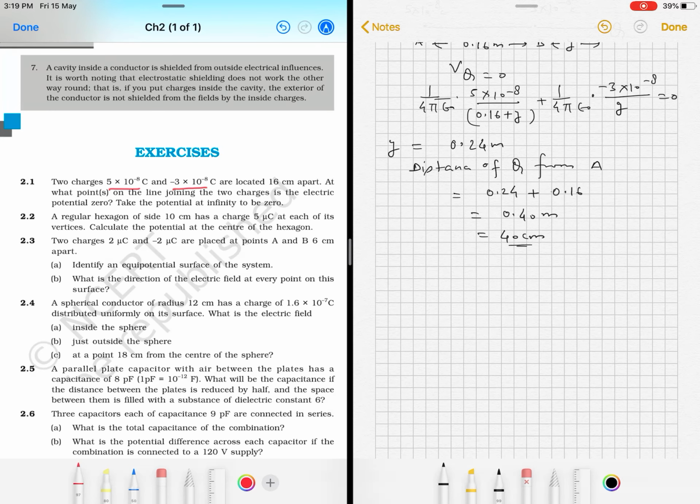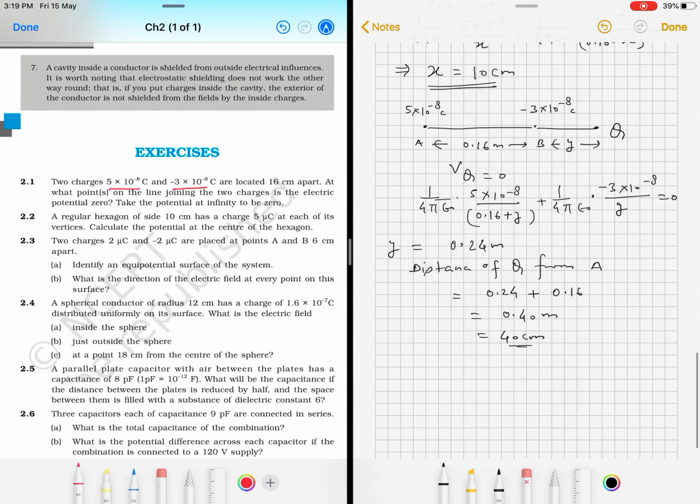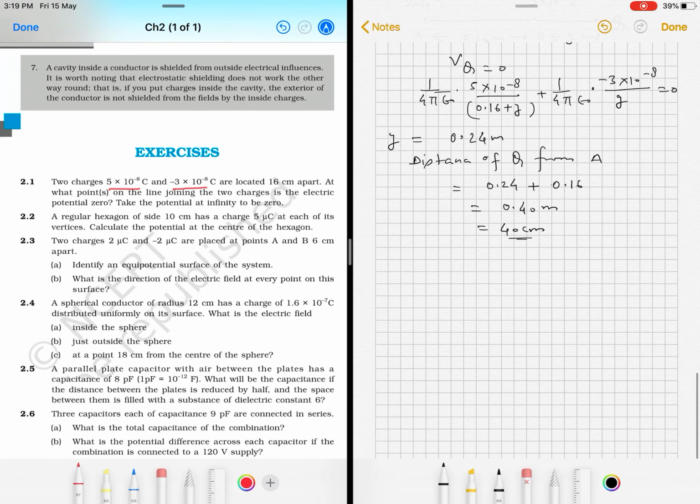So this is the question number 2.1. Now come to 2.2. In some questions we will give only a hint. This is a regular hexagon. Regular hexagon means each side is equal.